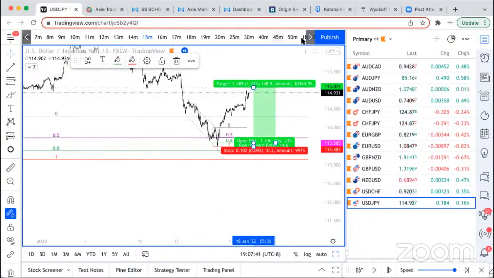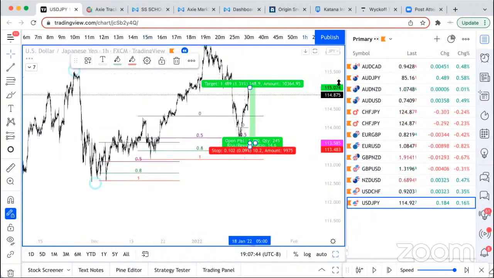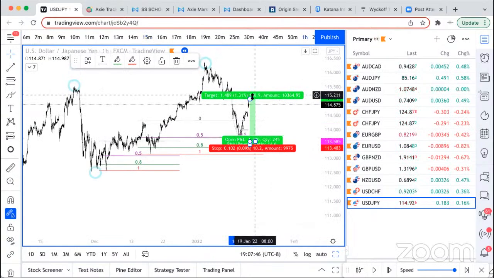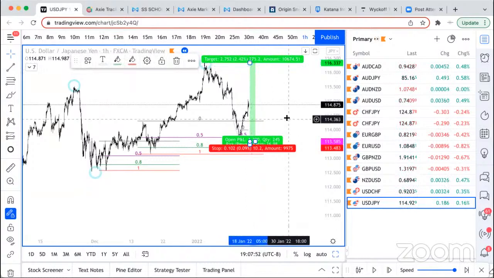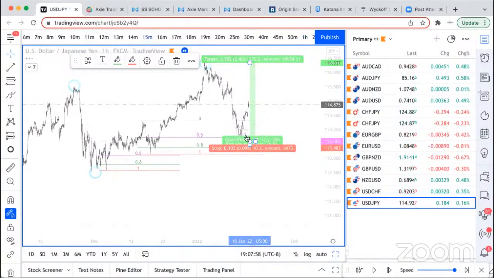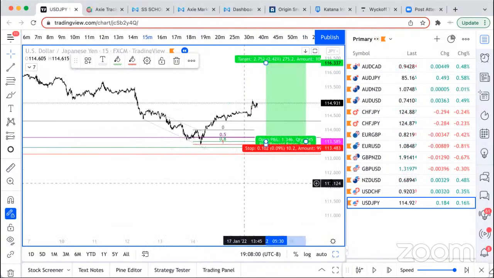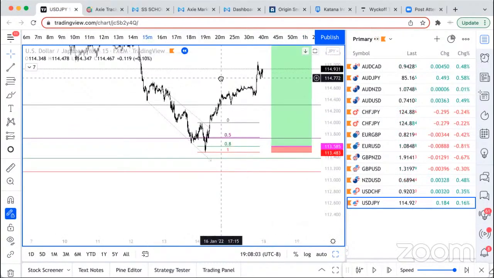And obviously, as we scale up back to that 1 hour, we understand ultimately our main goal is to get back to this high, right? Which is about a 1 to 26, 1 to 27. So that's the goal we're shooting for. Now, as we get back to the 15-minute, let's watch.